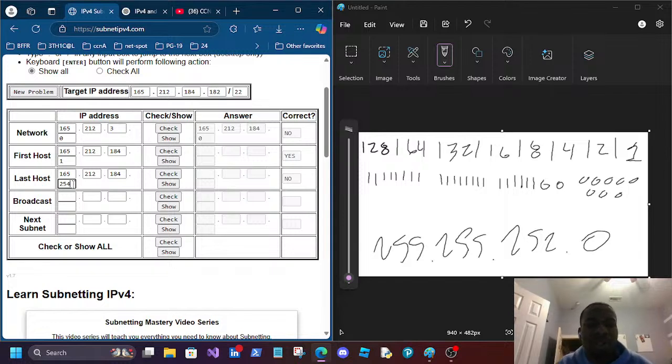Oh, that's where the subnets come into play, because we're not using the whole thing. Since we borrow bits, how did they put that? I know my host equals that.